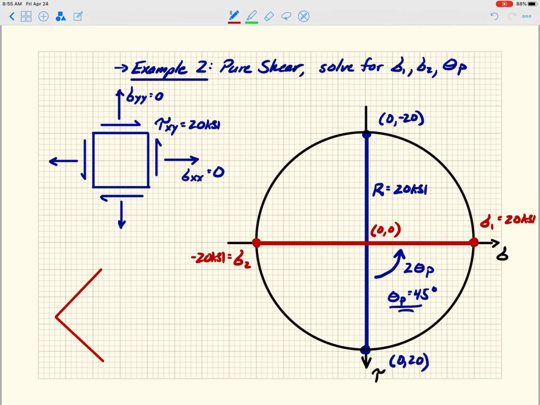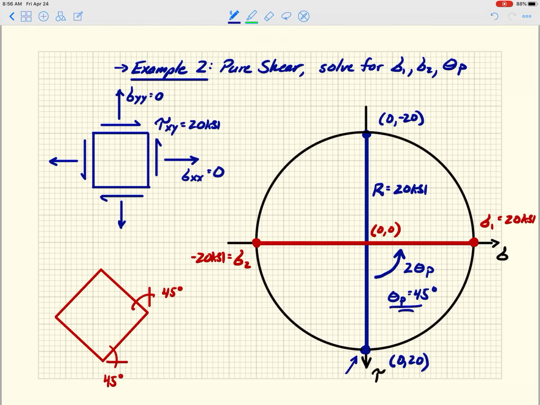I guess I'll try it like this. All right, close enough. So this guy here, that is 45 degrees. That, by the way, is exactly the same as that angle. I'm not going to do this every time, but I'll do it one more time here. Both are 45 degrees, okay?